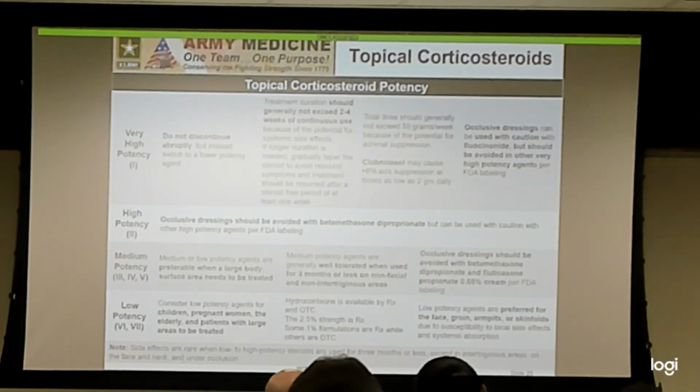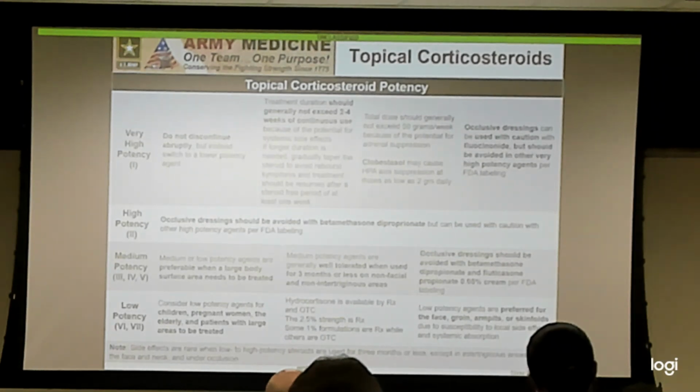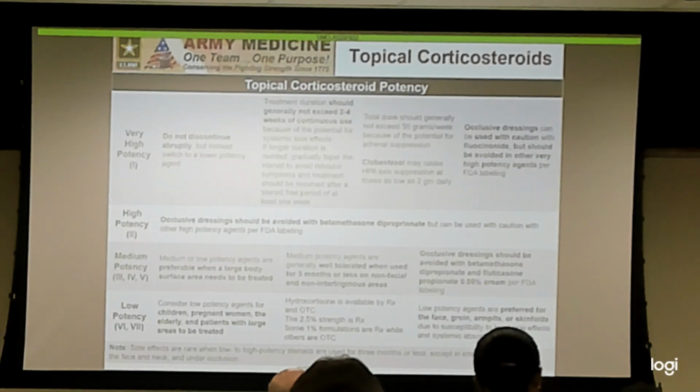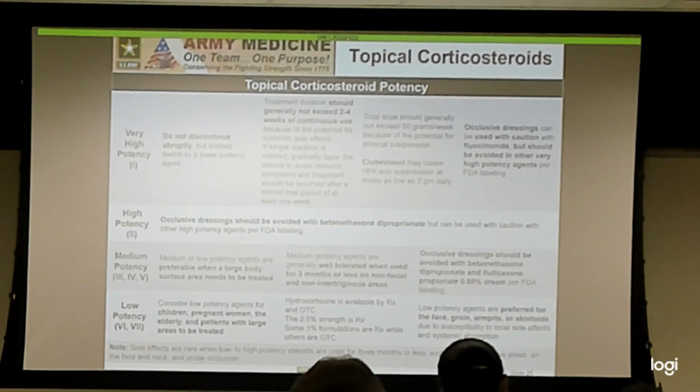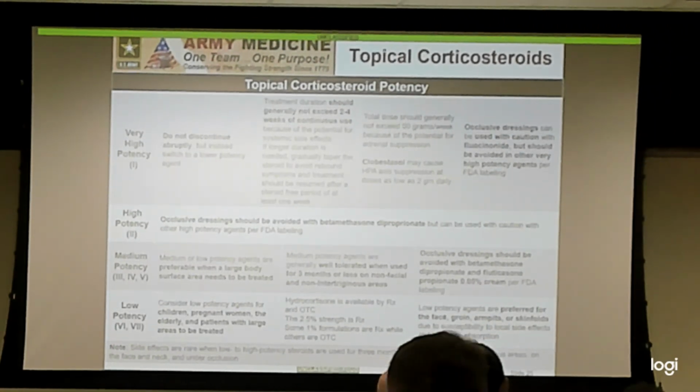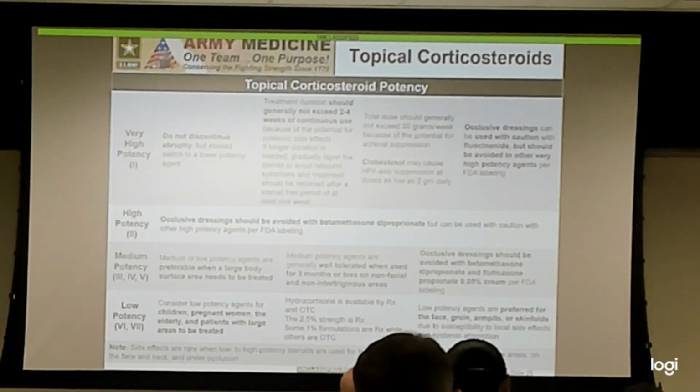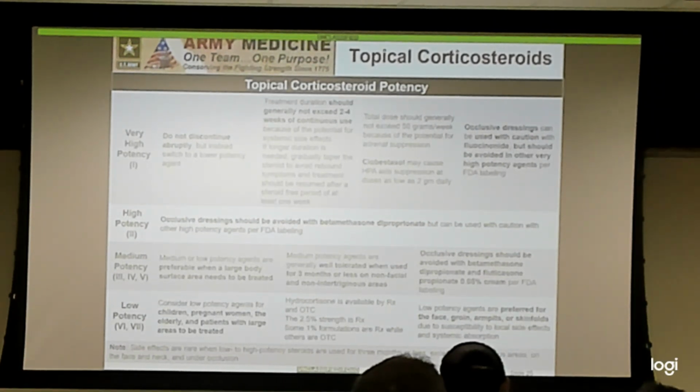So what you should do is start with a low and go high, like we always talk about. But if you see this for your exam purposes, if it's a large body area and your patient isn't someone who's pregnant, or if they're not a child, or if they're not older, then you're going to just go with your medium potency.